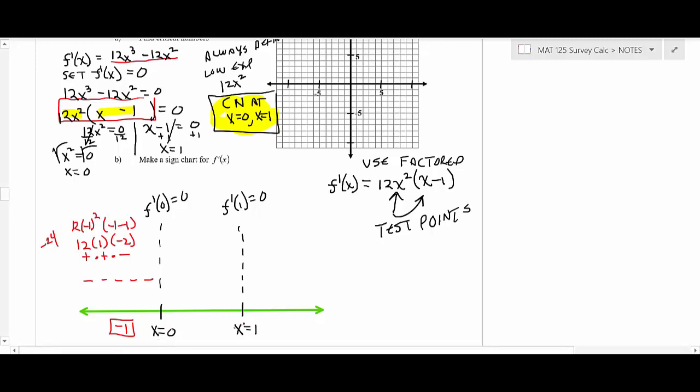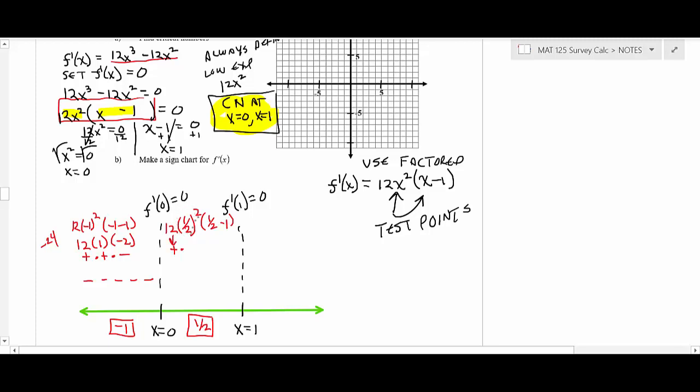Give me a test point between 0 and 1. 0.00001, that's a good one. I had in mind 1/2, so 1/2 is what I'm going to use. Don't freak out if it's a fraction. You don't have to work it out anyway. Everywhere you see an x, put in a 1/2. So we'll have 12 times 1/2 squared times 1/2 minus 1. 12 is positive.